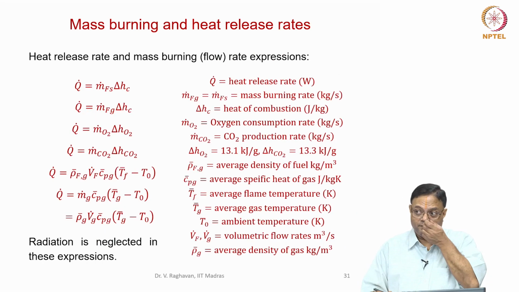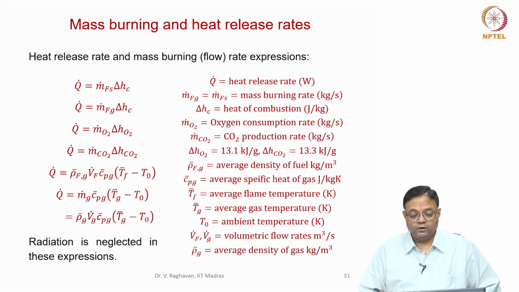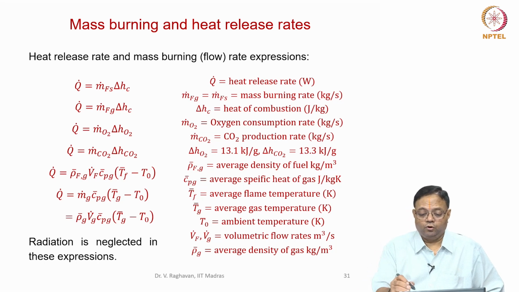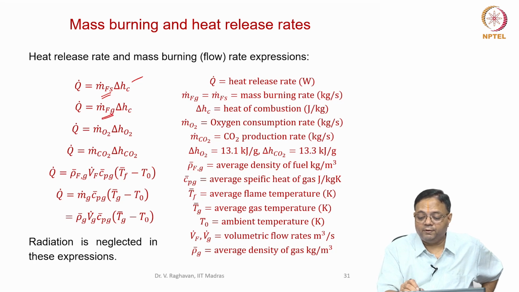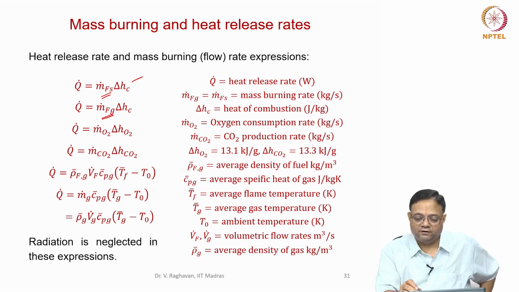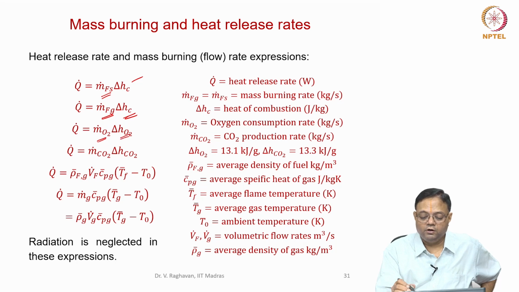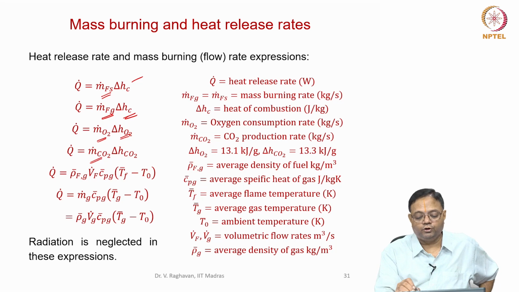So, I have listed here again these expressions for the heat release rate and the mass burning rates. Solid mass loss rate into delta Hc, mass of the vapors coming into the gas phase into delta Hc, mass of the oxygen consumed into delta H per kg of oxygen consumed, mass of CO2 produced into delta H per kg of CO2 generated.